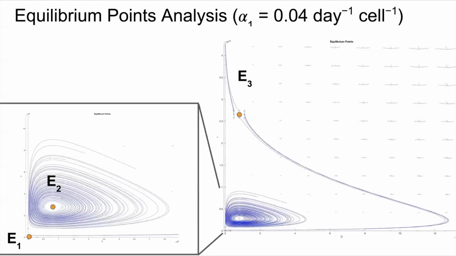Qualitatively, we can see this by observing some trajectories close to each equilibrium point, where we can see the saddles at equilibrium point 1 and equilibrium point 3. And we can see the spiraling trajectories representing relapse at the second equilibrium point.